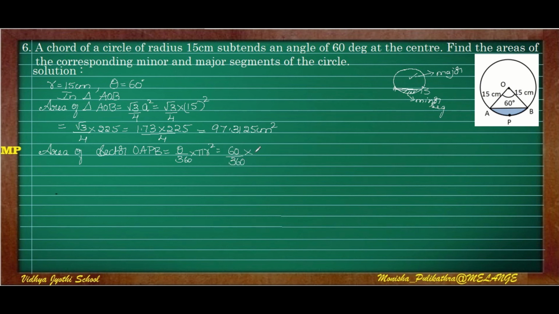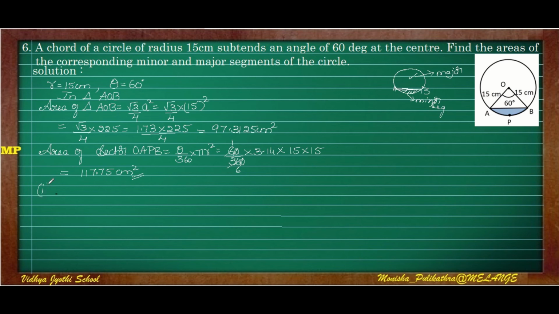Here pi value I will take 3.14, into 15 into 15. The zeros cancel, 6 1s are 6, 6 6s are 36. By multiplying all these things we will get 117.75 centimeter square. I am directly calculating this. So 117.75 centimeter square.